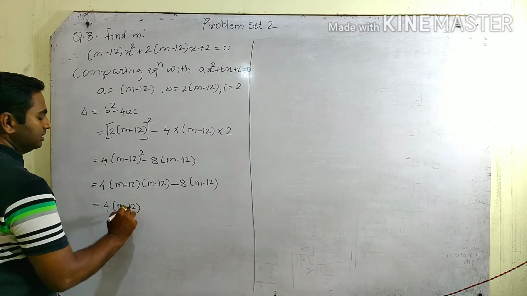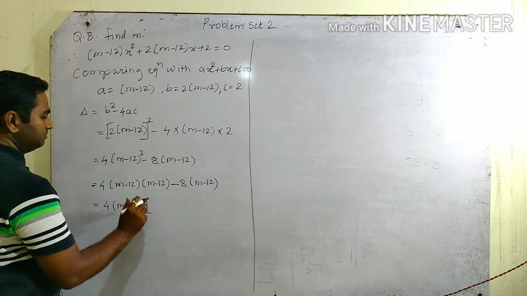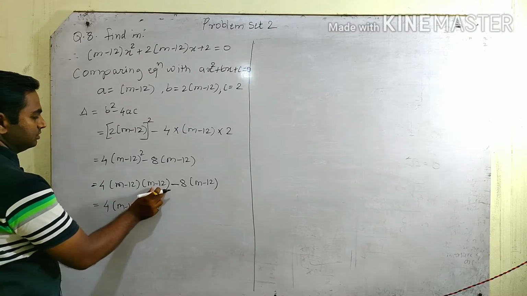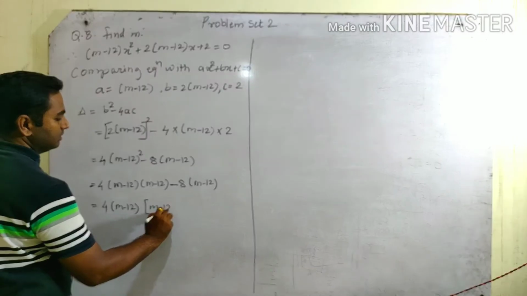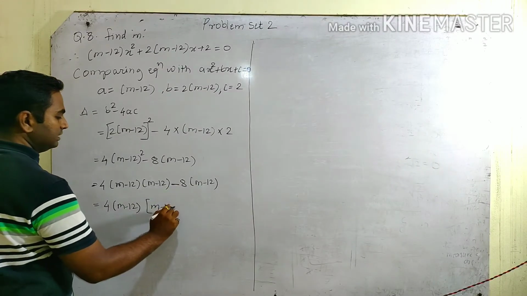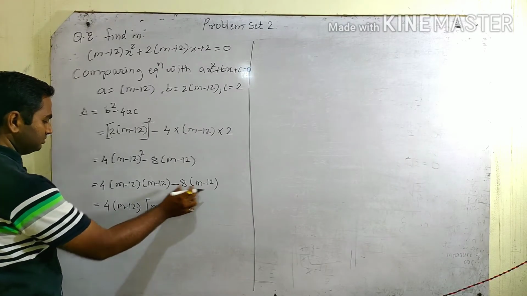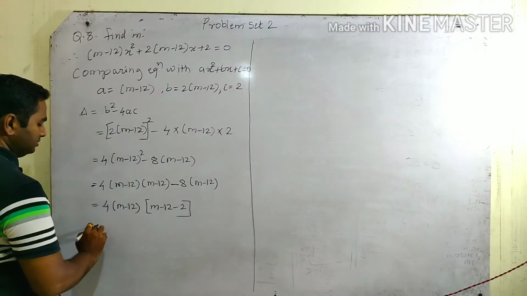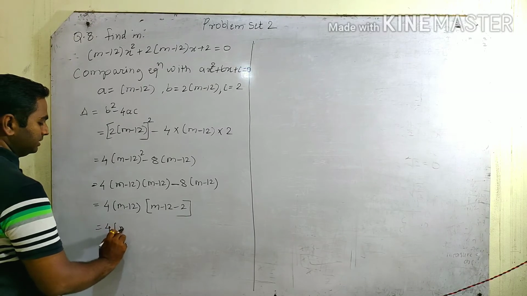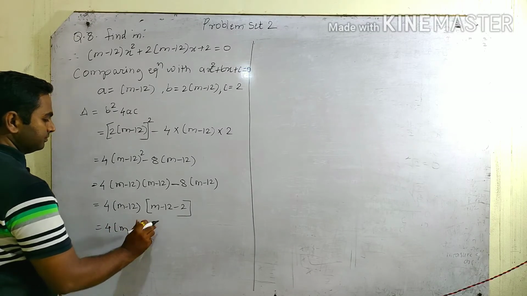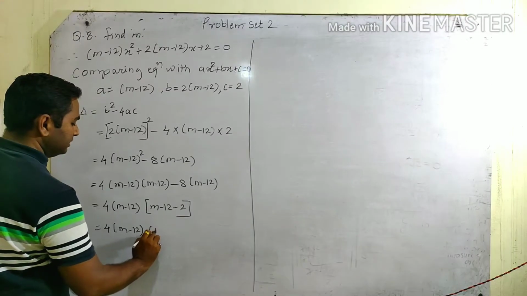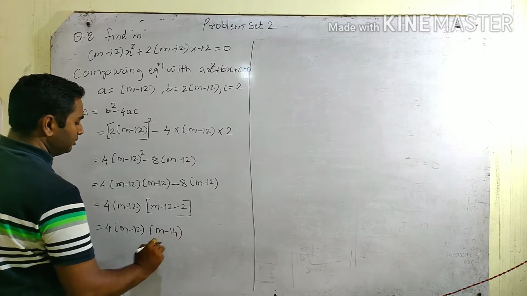So m minus 12 common, so what is left in bracket? 4 and this (m minus 12) on this side, so what is left is m minus 12. Now 4 twos are 8, so minus 2, and this m minus 12 is common. So 4(m minus 12) and (m minus 12 minus 2), that is (m minus 14).